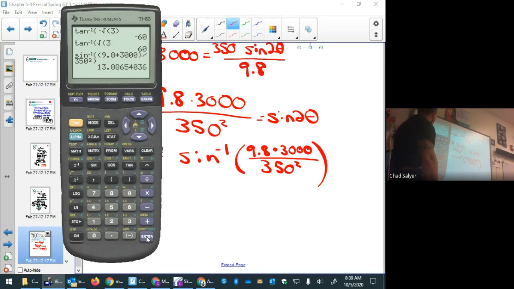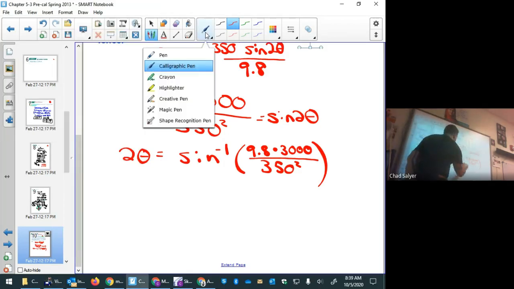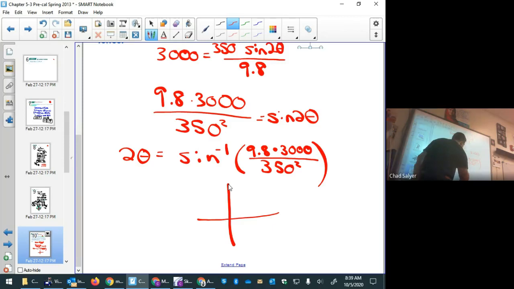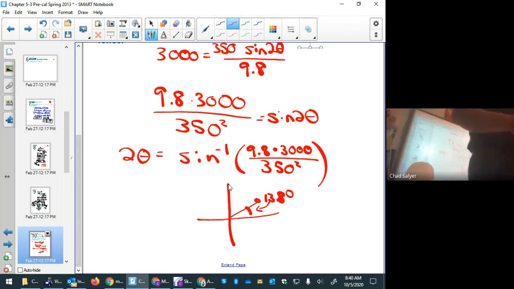So I have to think about some additional solutions. That's one solution at about 13.8 degrees. Now, remember the sine inverse is only defined in quadrant 4 and quadrant 1. Here we have an additional solution in quadrant 2 that we must find by symmetry.